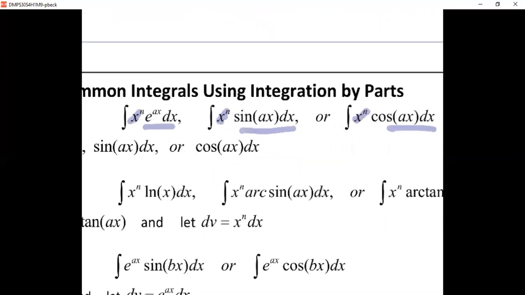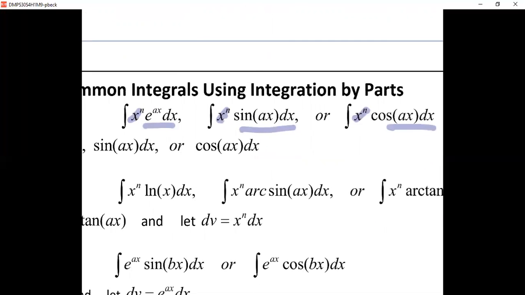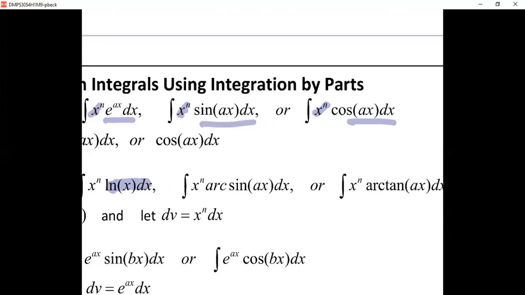Now, what happens when we have natural log? Well, the integral of natural log is not a very pretty thing. We actually did that earlier, x natural log of x minus x, but the integral never actually gets rid of the natural log. We integrated arctangent, and we noticed that we set u equal to the arctangent.